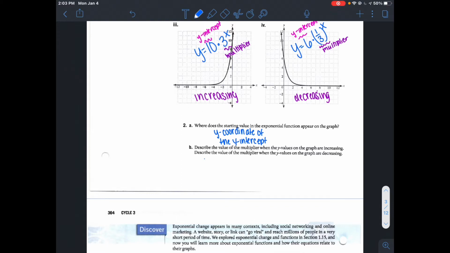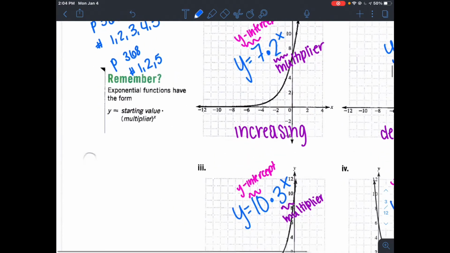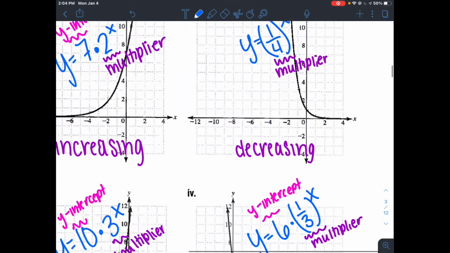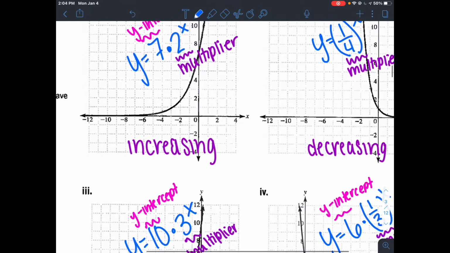And then part B, describe the value of the multiplier when the y values on the graph are increasing, and then describe the value of the multiplier when the graph is decreasing. I mentioned it a couple times before, looking at our two increasing functions here, what does the value of my multiplier look like? And then for my two decreasing functions, what does my multiplier look like?